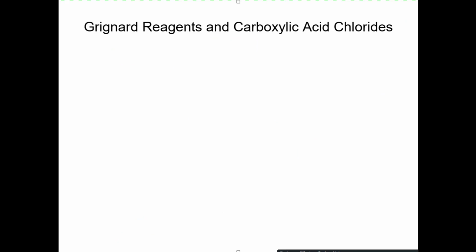We can also do that same reaction with what are called carboxylic acid chlorides. So let's take 2 equivalents of methyl Grignard here, and let's react it with, specifically, let's react it with this carboxylic acid chloride.